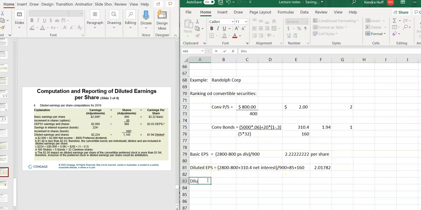And then we do it again with the preferred stock coming out. So now I'm not going to subtract my dividends anymore. So it's going to be 2,800 plus the 310, divided by 900 plus 85 plus 160 plus 400.